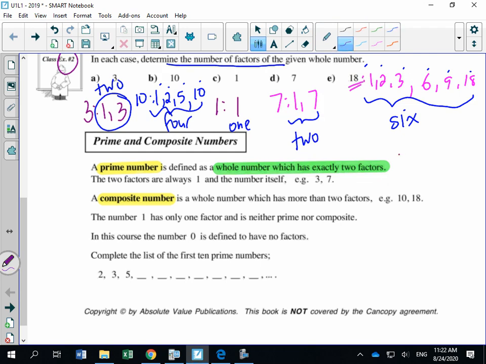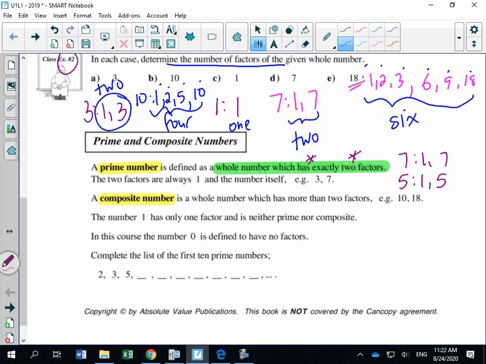So for example, 7 is a prime number. The only 2 numbers that divide into 7 are 1 and 7. The number 5 is prime. The only 2 factors, or the only 2 numbers that divide into 5, are 1 and 5. Those are prime numbers where they have exactly 2 factors.